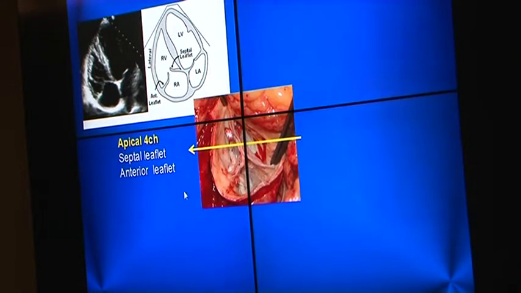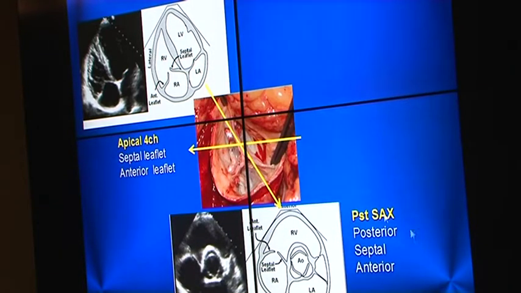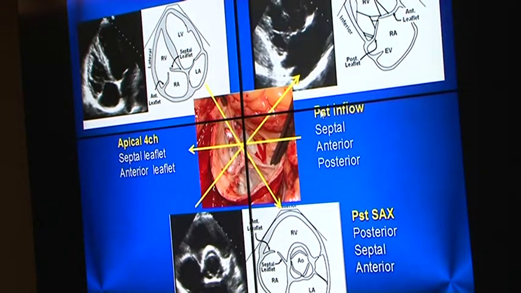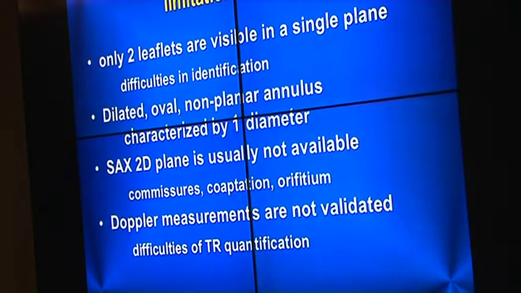When we have two-dimensional images, sometimes we are sure which leaflets are visible, for example in the apical four-chamber, but in parasternal short axis and parasternal inflow view, it depends on the cut plane, and we are never ever 100% sure which leaflet can be visualized with that cutting plane.